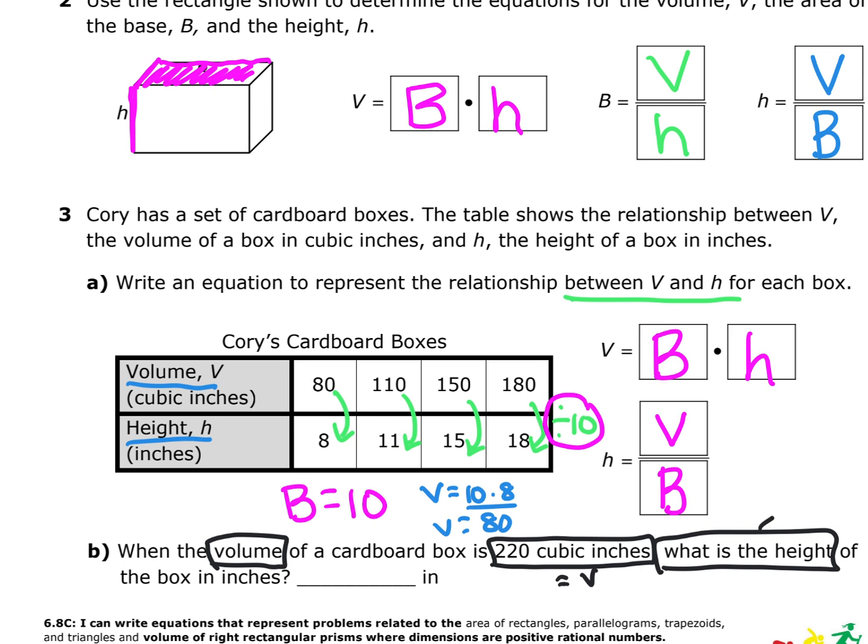That's going to represent our variable. So we have 220 divided by your base. We already know what the base is. It's 10, which is going to give me a height of 22 inches.